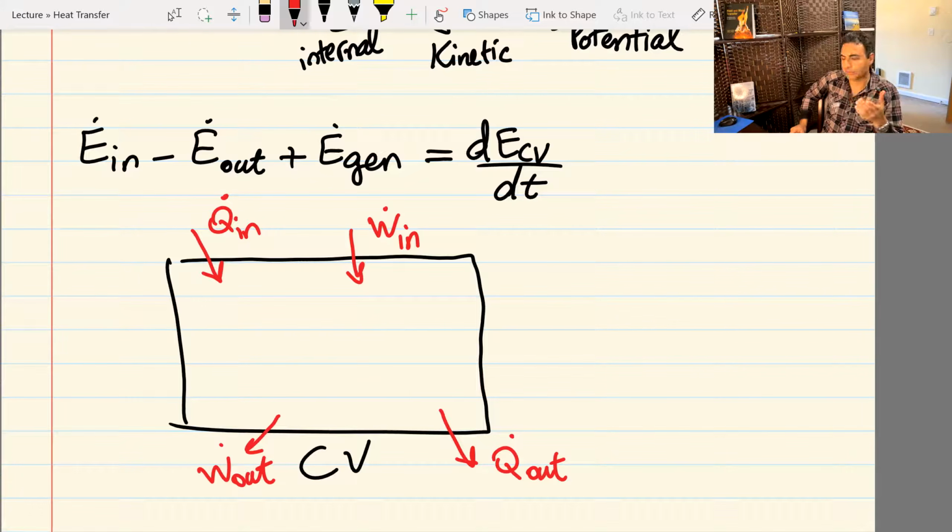Power or work are the same. Heat transfer and heat transfer rate are pretty much the same. Heat transfer is Q, heat transfer rate is Q dot. Work is W, or power is W dot. But in these cases, mass is not going out of the system.